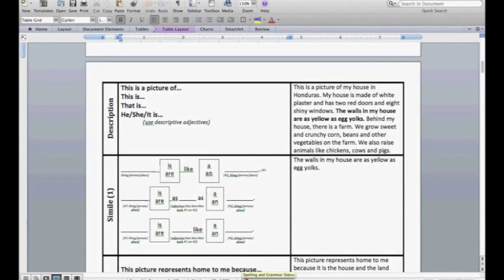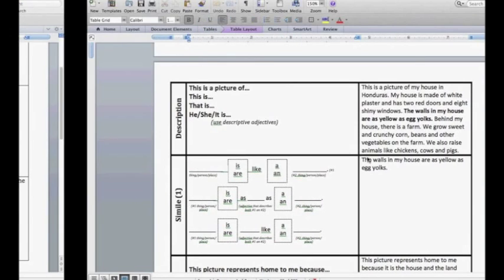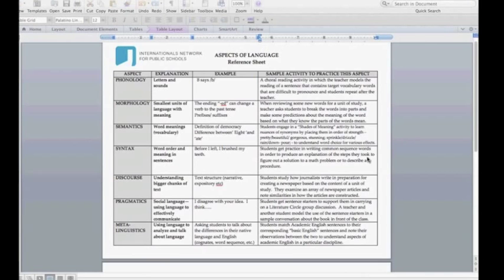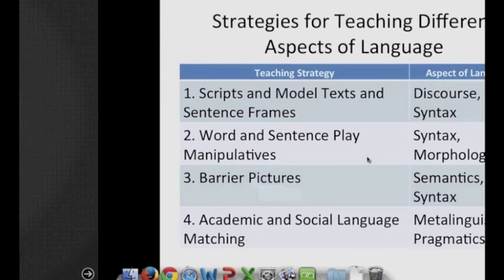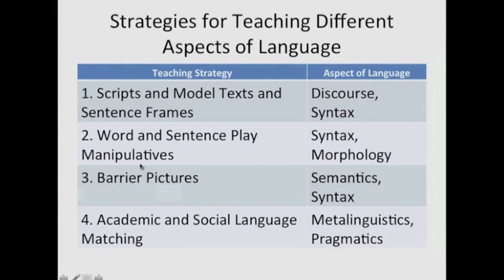So I'm going to now move back onto, sorry, excuse my moving around things. The second part is going to be word and sentence play, manipulatives. Let me just back up really quick. What I just showed you, the scripts and the model text and the sentence frames, that really has to do with discourse and syntax, like how do you place certain words in certain places.